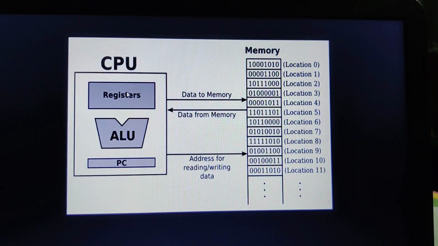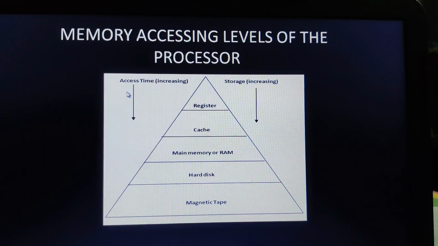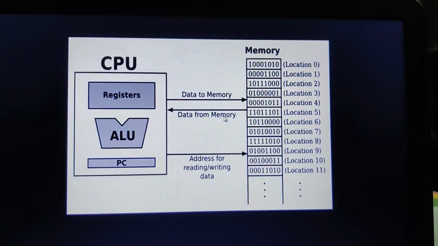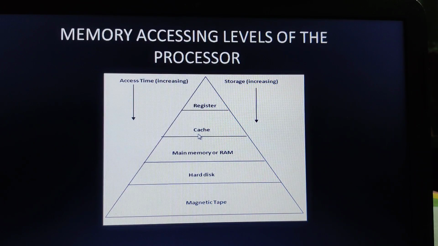After the register, the fastest data transfer for the CPU is the cache, and then comes the RAM. That means cache memory is present between the CPU and the memory. That is why the cache comes next, then the access timing is less for the RAM, and later the hard disk and the magnetic tape.